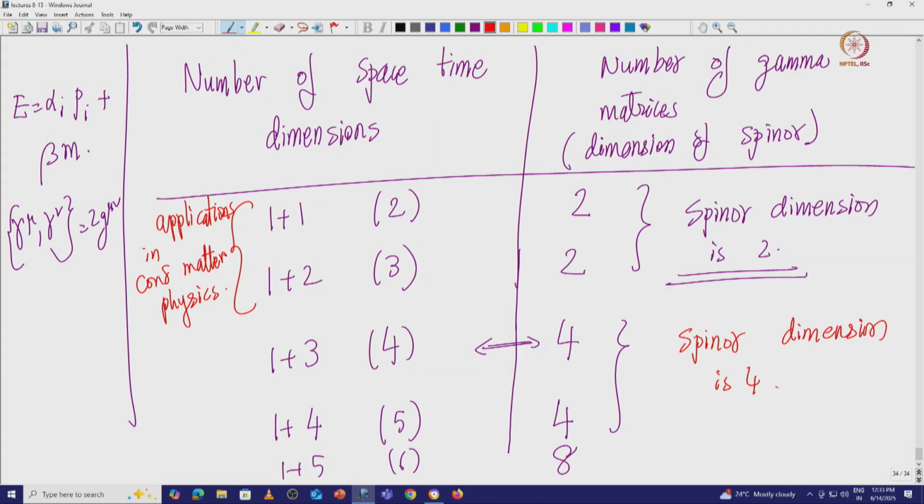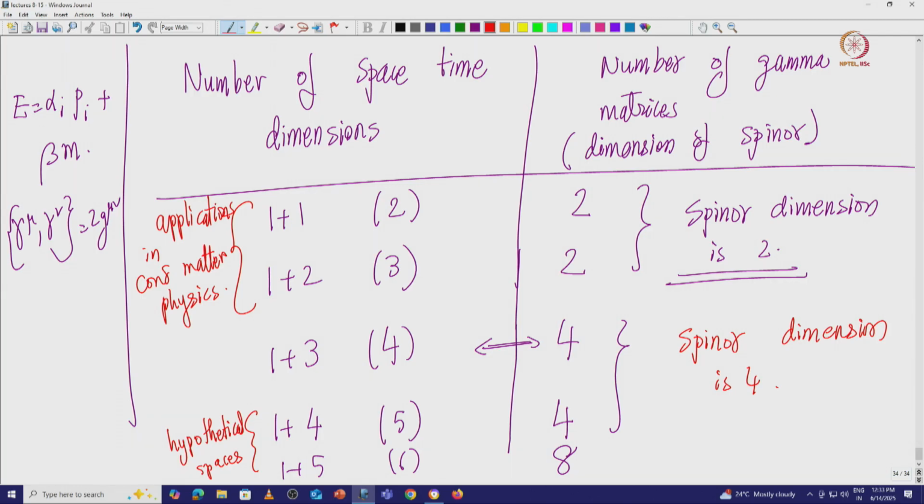Now, if you go to 5 dimensions, let us say there is a hypothetical space. These are not physical spaces, but hypothetical ones which for some reasons may exist, and this has implications for theories with quantum gravity and so on.